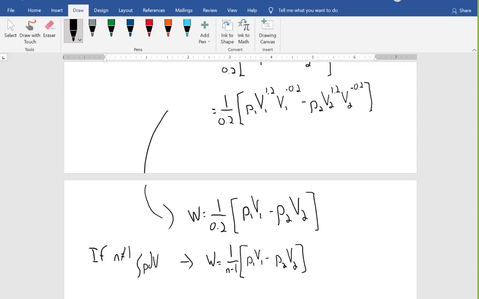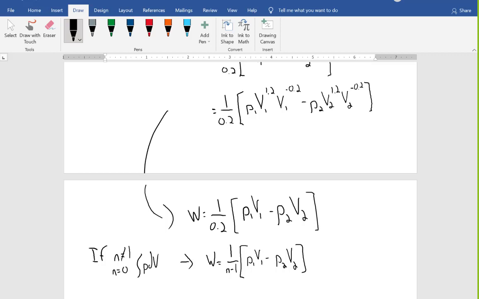Now, I guess it also doesn't work if n is equal to 0. If n is equal to 0, pressure is just constant. Although that would still work actually here, because this would just be 0 and this would be P2 V2 minus P1 V1, which is the right answer.